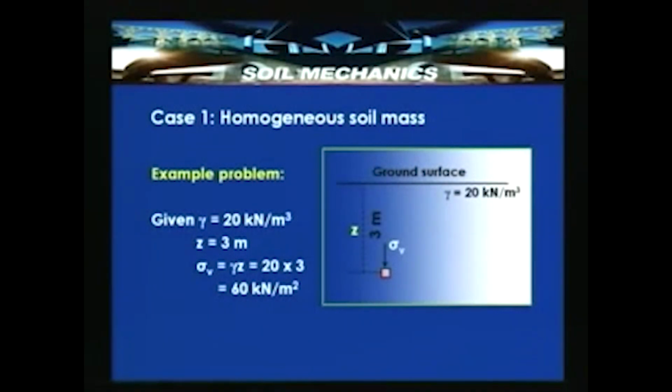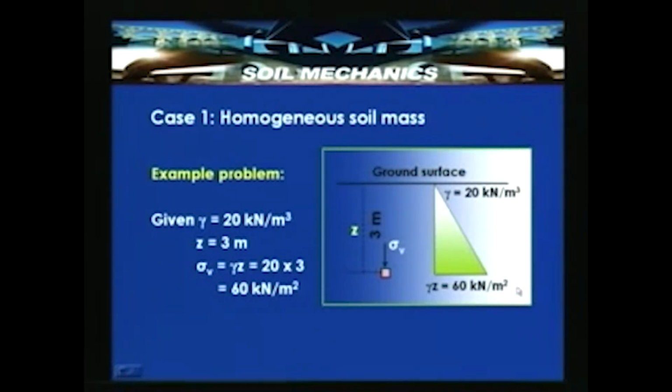Suppose now these are the given parameters, Z is equal to 3 meters and gamma is equal to 20 kilonewton per meter cube. Now, the distribution varies like this. At depth Z equal to 0, the stress is equal to 0. At depth Z equal to 3 meters, gamma Z is equal to 60 kilonewton per meter square.